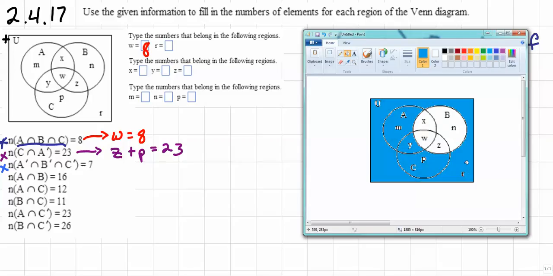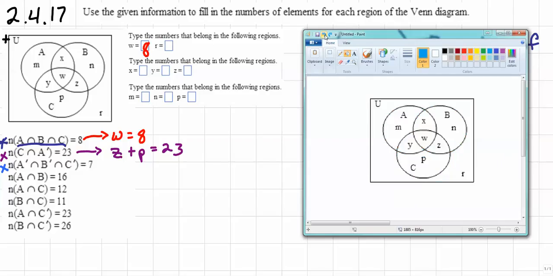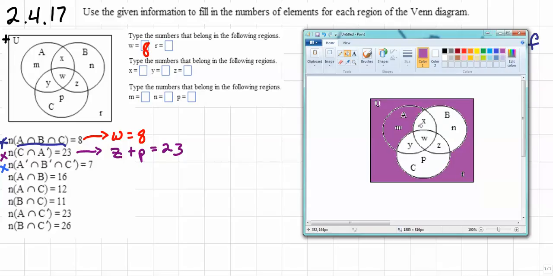And that's what we're looking at. And then we're going to talk about C complement, which is going to be everything that is outside of C. And everything that's outside of C is going to be this. So now, when we examine this, we realize that everything that's outside of A, everything that's outside of B, and everything that's outside of C, when they intersect, is going to be this particular region.